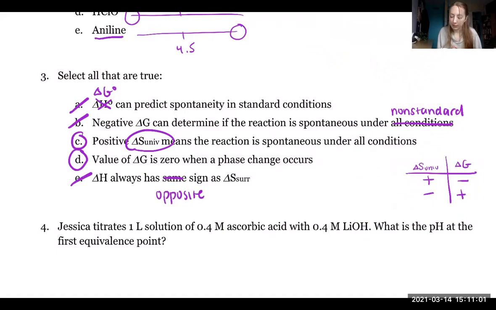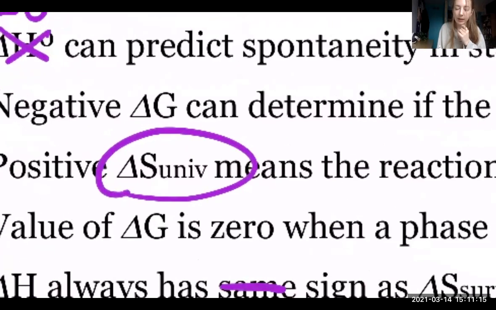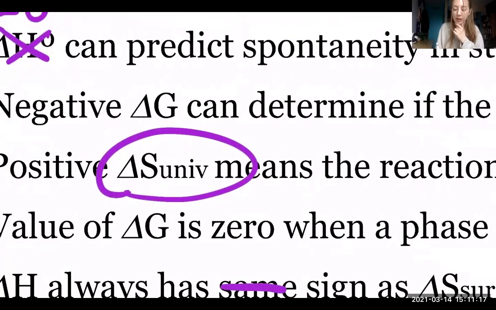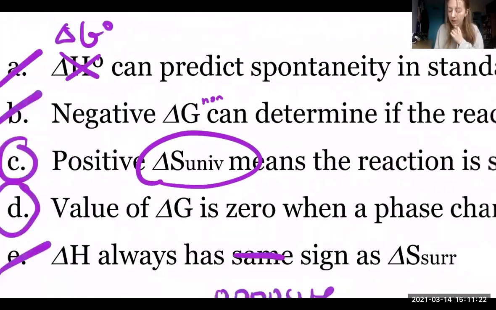Can you explain B? Yeah, so negative delta G can determine if the reaction is spontaneous under all conditions except for standard conditions, right? Because this is not delta G standard. This is just delta G non-standard because it doesn't have the little degree.